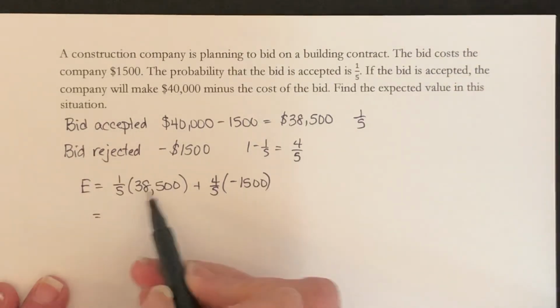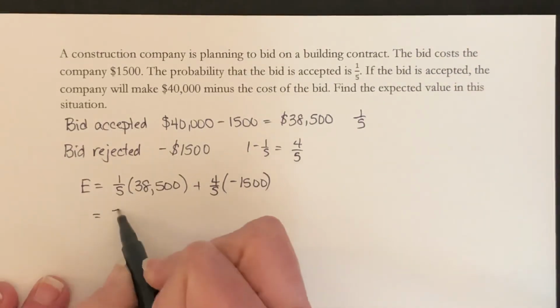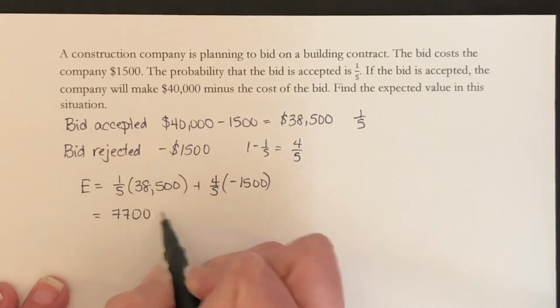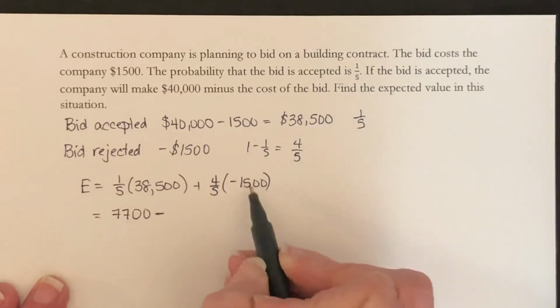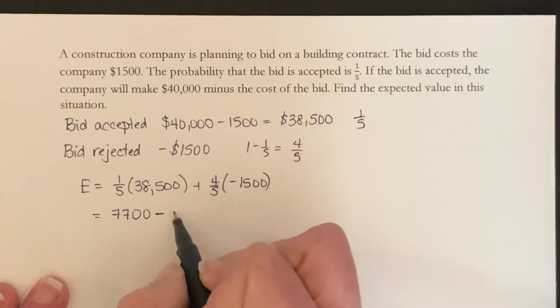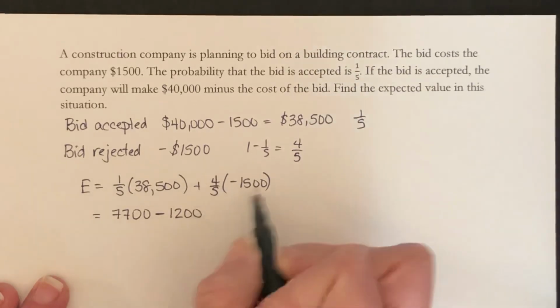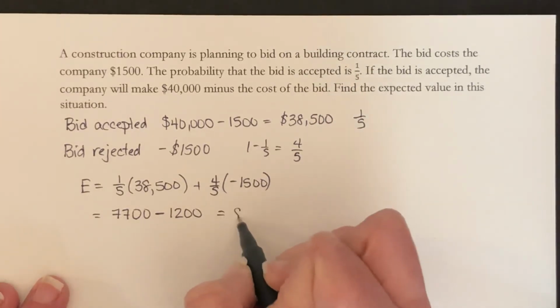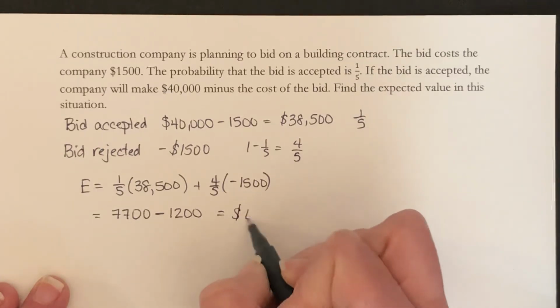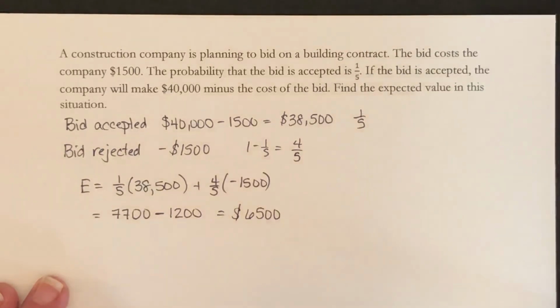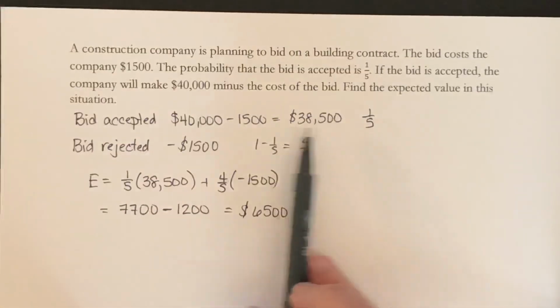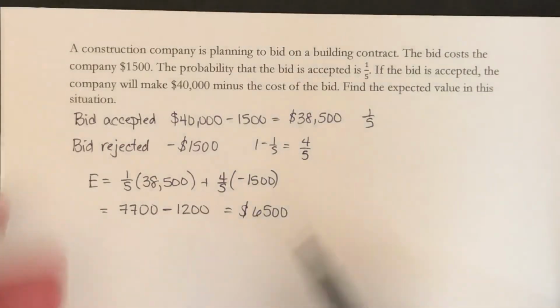Okay, multiply here and you get 7,700, and this is going to be minus 1,200 when you do that multiplication. So your expected value here is $6,500. So based on this amount of profit and these probabilities, this company can expect to make $6,500 in the long run.